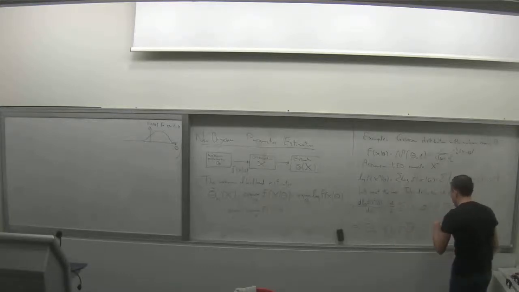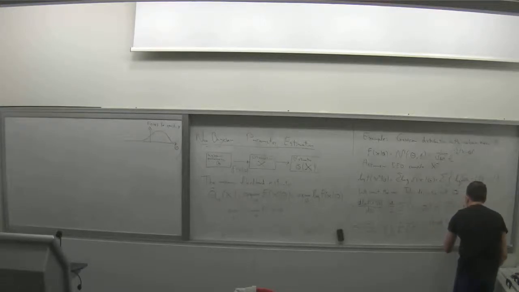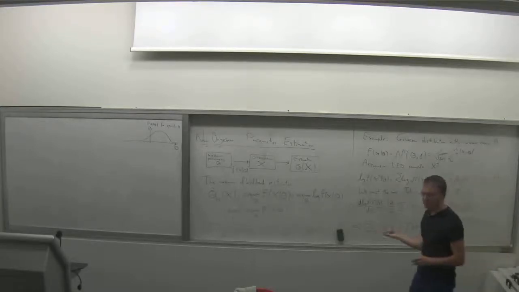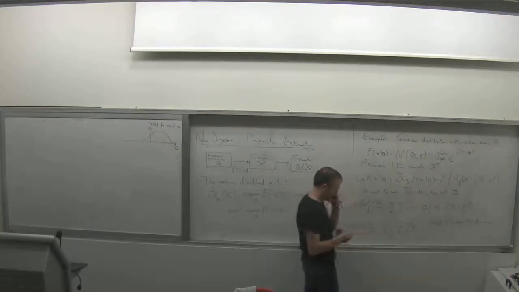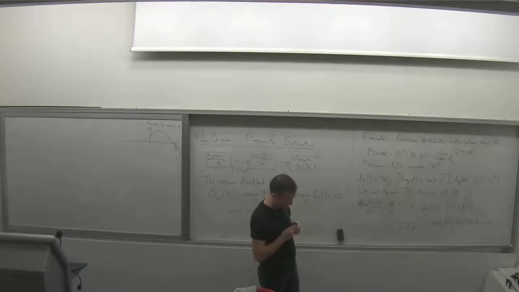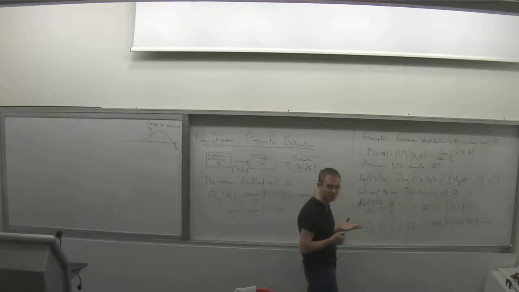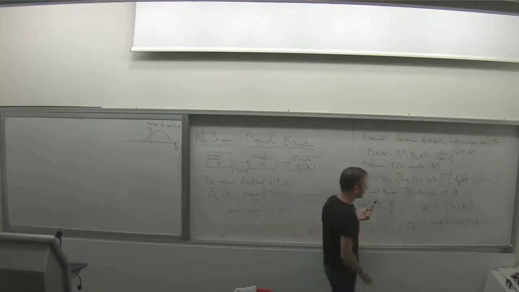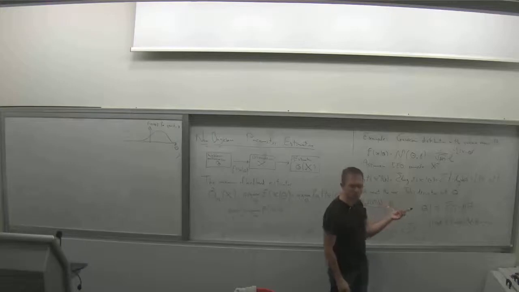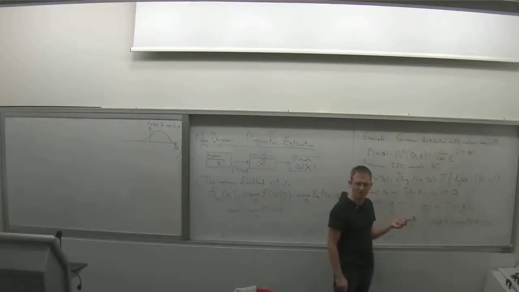Let me just say in brackets that we need to convince ourselves that it's a maximum. So we took the derivative and set it to 0, but that's just a necessary condition for being a maximum. We still need to show it.